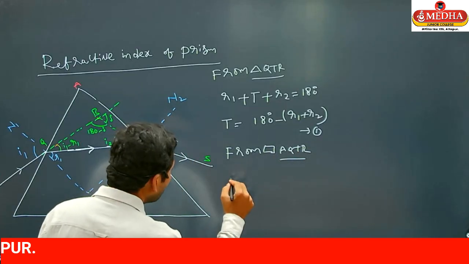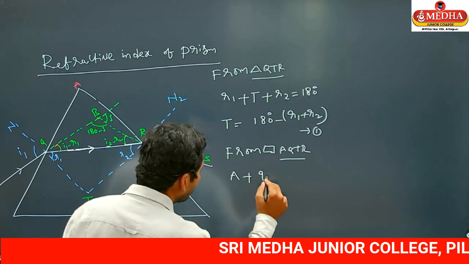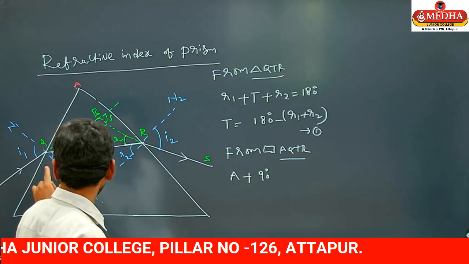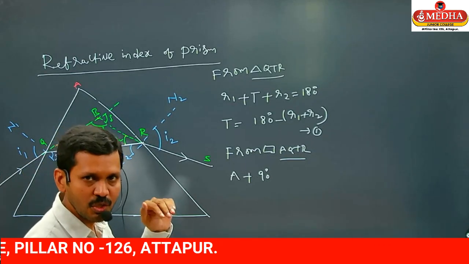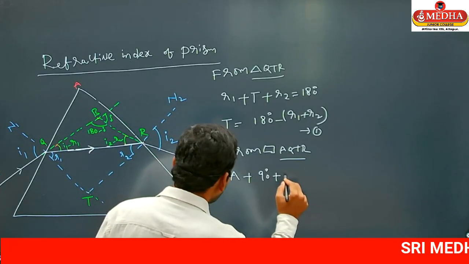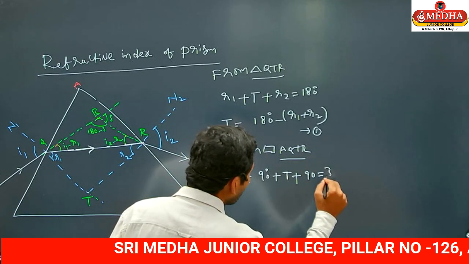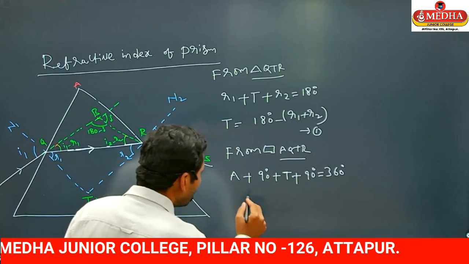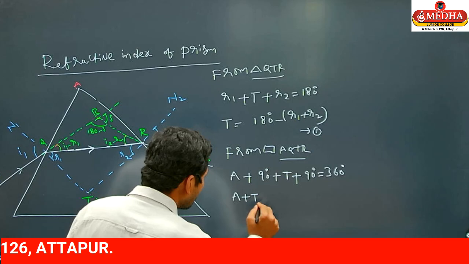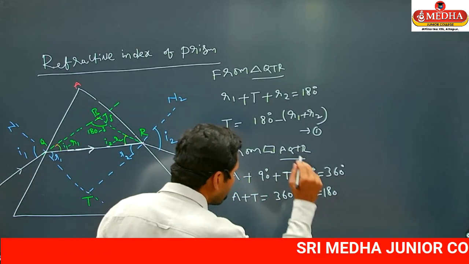In this quadrilateral, the angle at A, which is the angle of prism, plus the angle at Q which is 90, because at the particular point Q on the side of the prism the normal N1 is drawn, plus the angle at T, plus the angle at R which is again 90, gives a total of 360. Taking the 90 and 90 to the right side, A plus T is equal to 360 minus 180, which is 180 degrees.